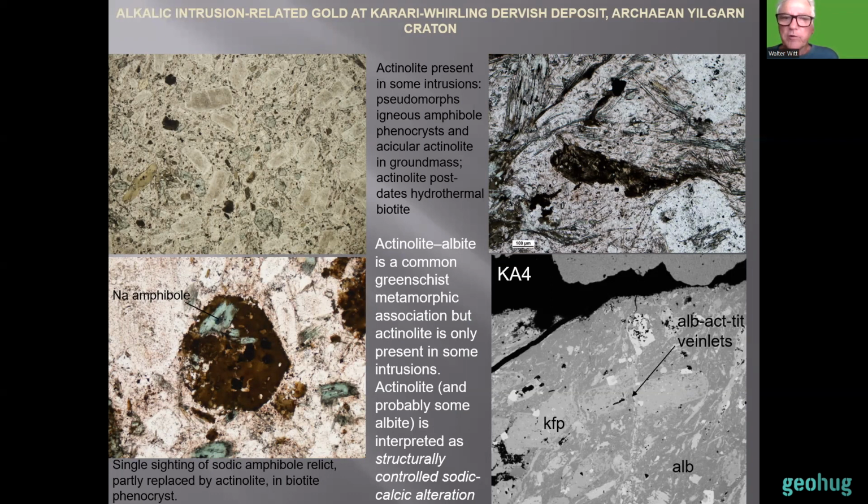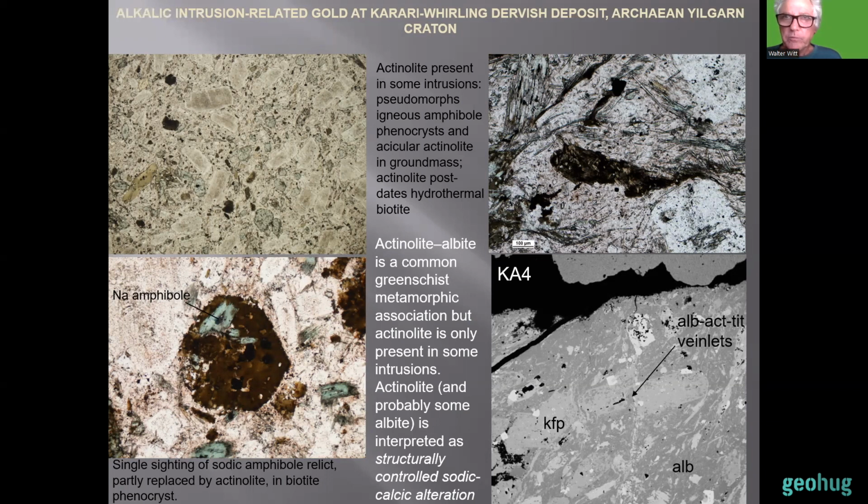The actinolite replaces igneous amphiboles, but also forms acicular aggregates that follow the biotite seams, and the actinolite replaces the biotite. And also we've seen actinolite in the form of albite-actinolite-titanite veins. Actinolite and albite, with which it is in equilibrium, is a common greenschist facies metamorphic assemblage.